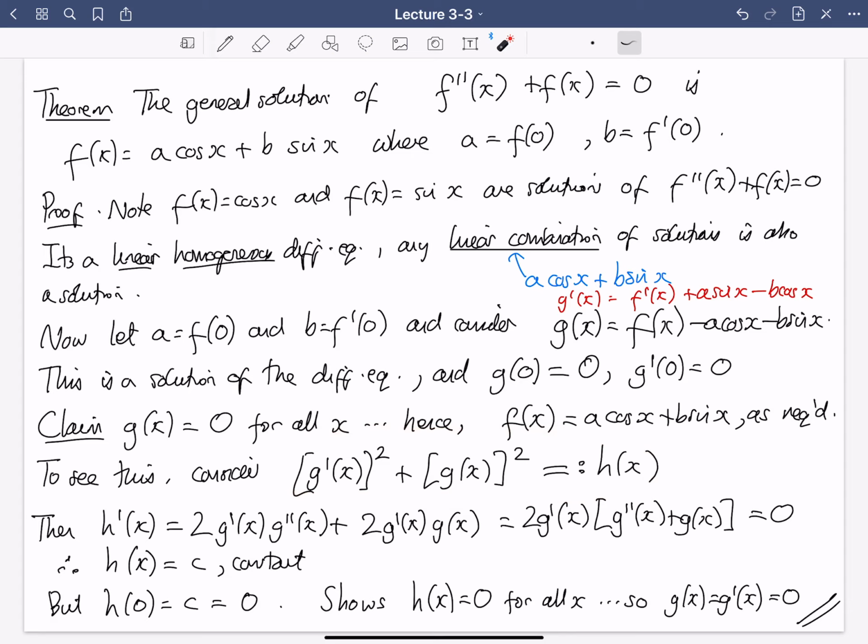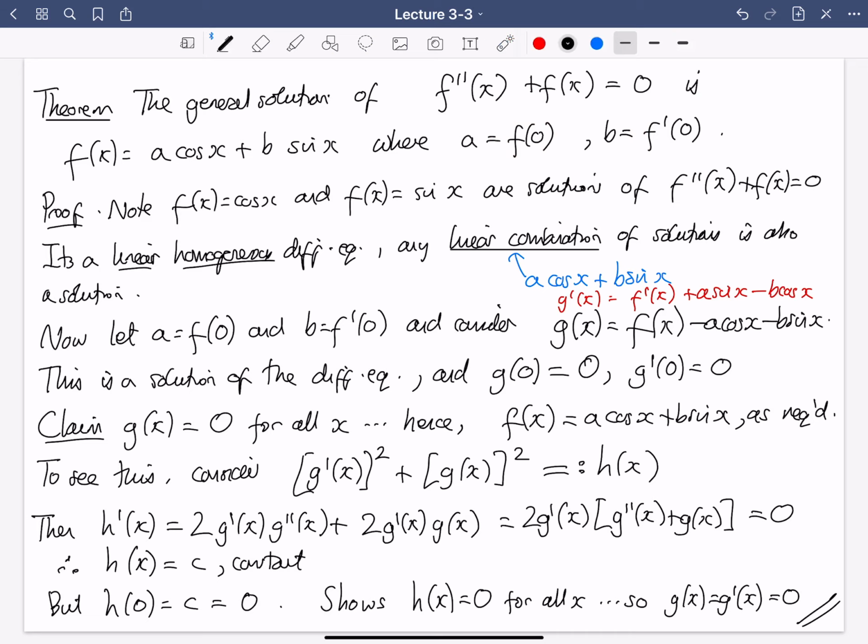So I just gave you a direct, simple trick to prove that this is the general solution of the differential equation. It's a second order differential equation, so we were expecting two unknown constants which would be determined by initial conditions, and that's what's going on here.